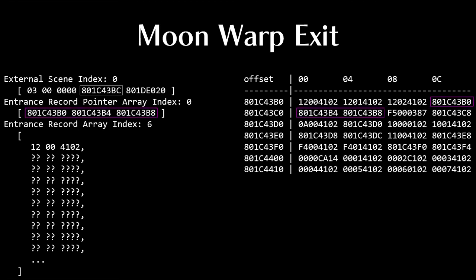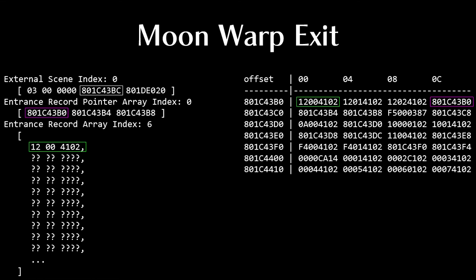As you can see, the values shown match those in the hex view on the right at the specified address. The index we are using from this array is 0, so we can take the first pointer, then use that location in RAM for the entrance record array, which is the following value. And as I mentioned earlier, this array only has one element. But we are supposed to be using index 6. So what's going to be used here?